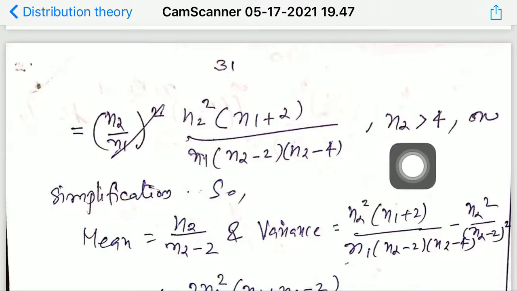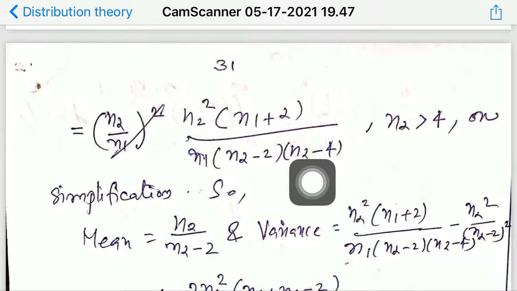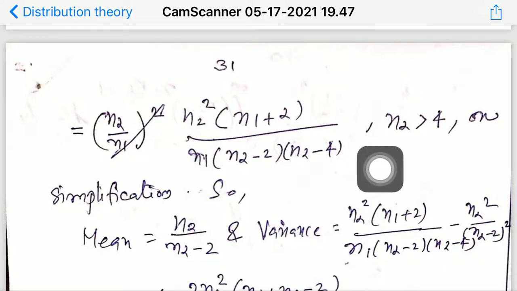And here also you have to make a restriction n2 greater than 4, because otherwise n2 minus 4 may be either 0 or negative. So in order to make this positive, you have to put n2 greater than 4.